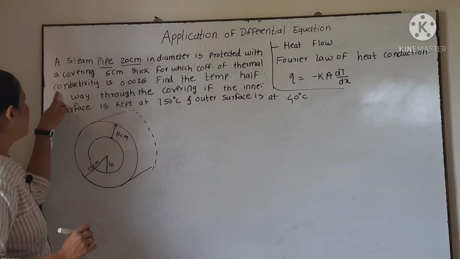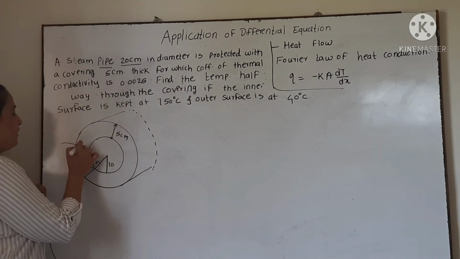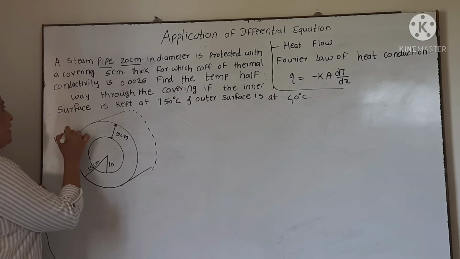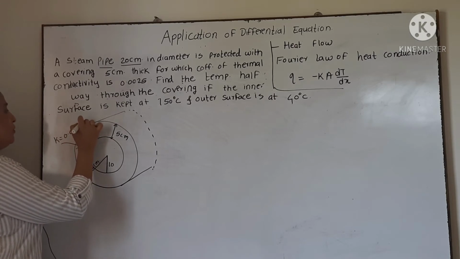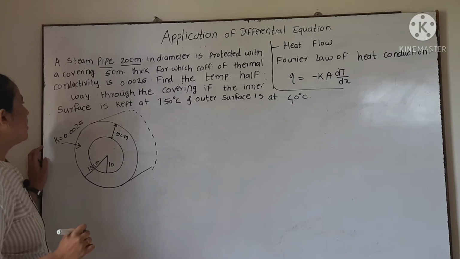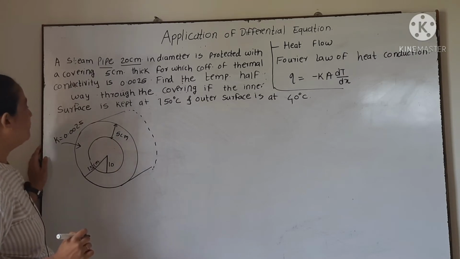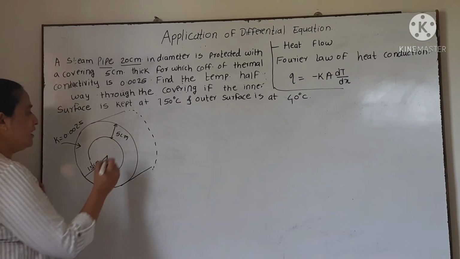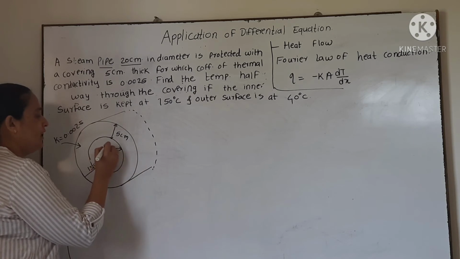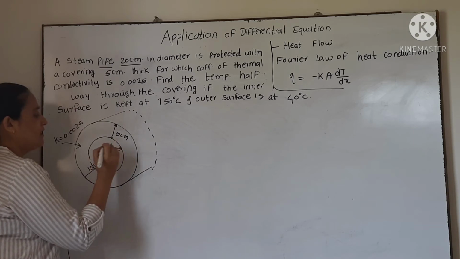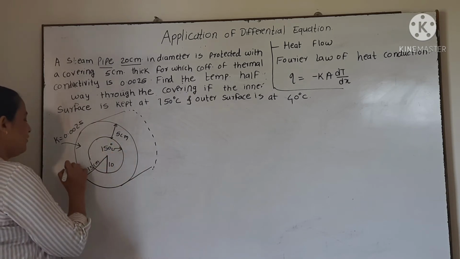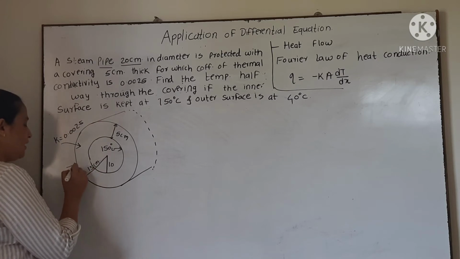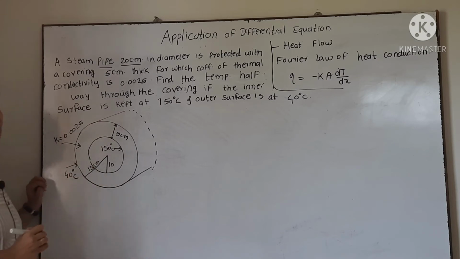For which the coefficient of thermal conductivity K value is 0.0025. Find the temperature halfway through the covering if the inner surface is kept at 150 degrees Celsius and outer surface is kept at 40 degrees Celsius. This is the given data.